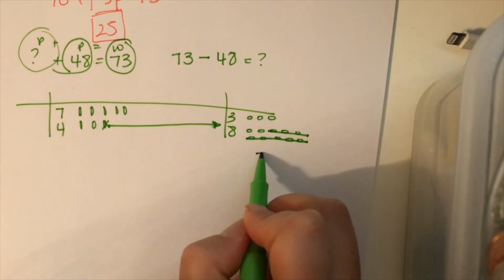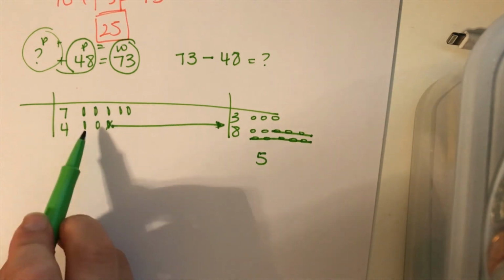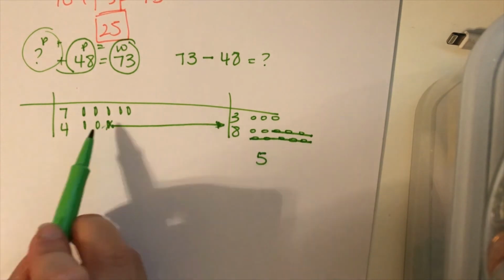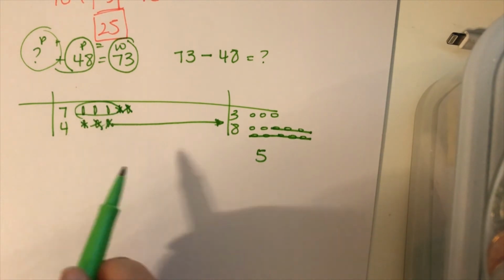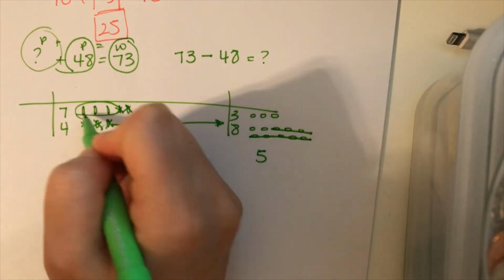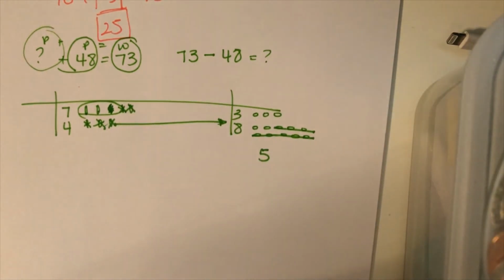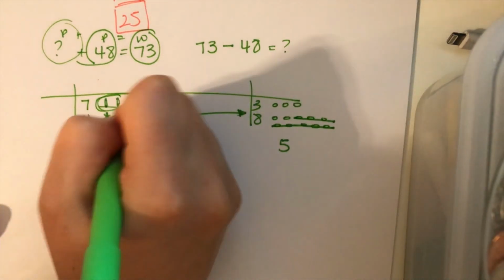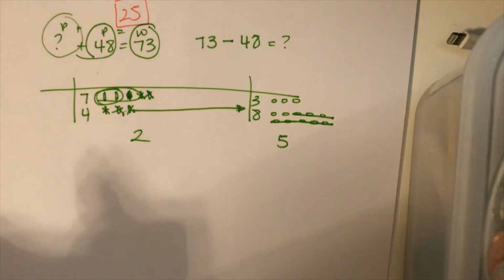So now you have 5 left here. You need 4 more crossed off here. You have 7. You gave 1 away, so that's 6. 1, 2, 3, 4, and now you only have 1, 2, 3. Oh, I had 1 too many. I actually drew 8 by mistake. So you only have 2 left. So great, I still get 25.